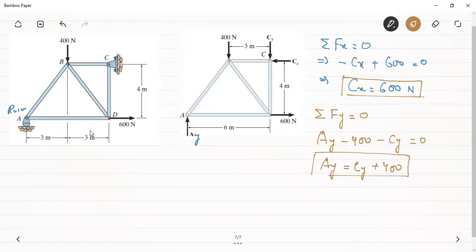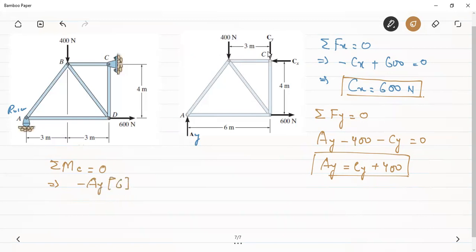To find out the third equation, we need to apply the moment equation. It will be quite easy to apply the moment equation about the hinge C because two reactions will not be contributing to the moment about the point C. So we can see here, AY will create a clockwise moment about C. Therefore, taking the clockwise moments to be negative, AY multiplied by the force arm, that is 6.